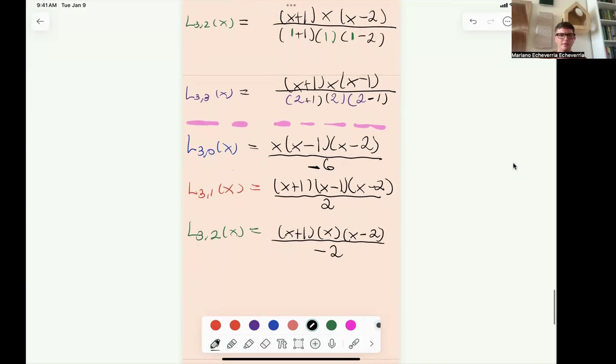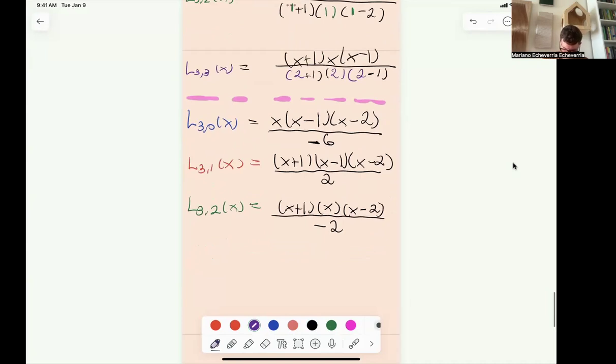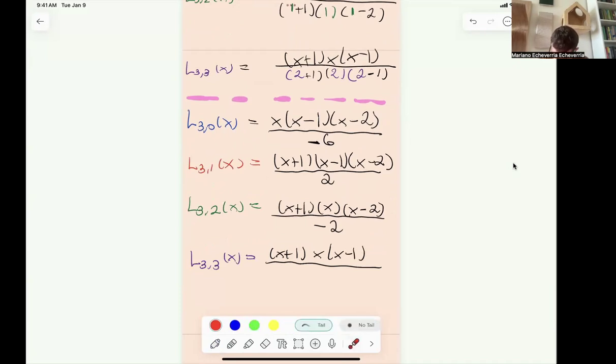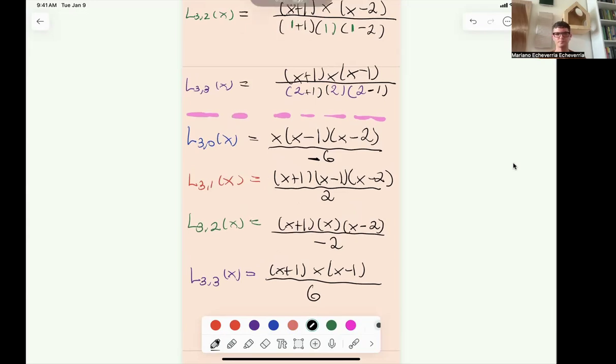And the last one, L33 of x, would be x plus 1 times x minus 1, and then this gives you what? It gives you 3 times 2, that's 6. Okay, so those are the four basic polynomials in this problem.